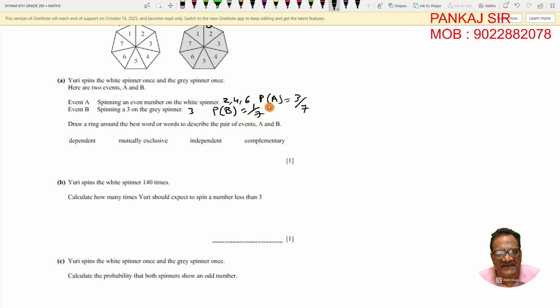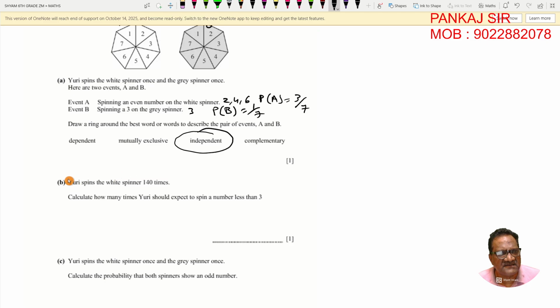Getting an even number on the white spinner and getting a 3 on the gray spinner, these two events A and B are totally independent of each other. So I think this should be circled, right?